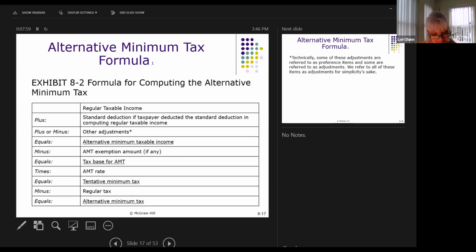Page A12. 26% is the tax rate on the first $197,900 for all taxpayers. Other than married filing separately, they have their own. 28% is used for the tax base above $197,900. However, if you have long-term gains and preferential dividends, they are taxed at their preferential rates as they were before.